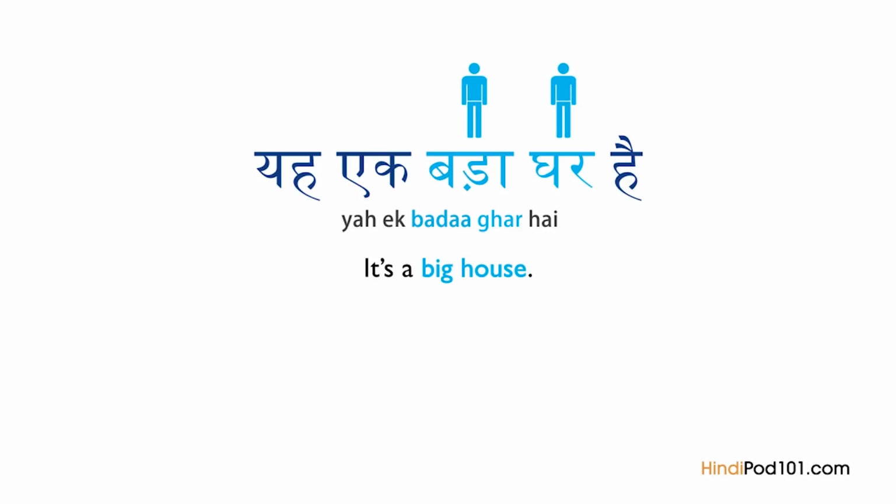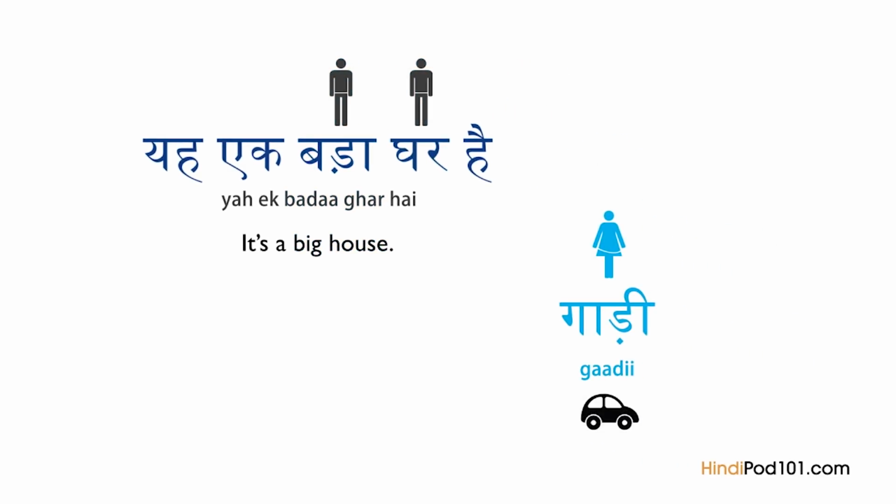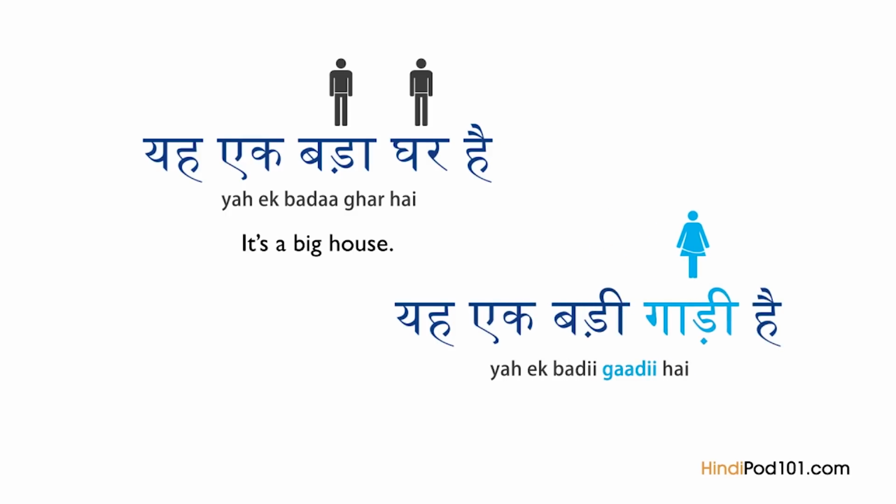Let's see the same sentence with a feminine word. We'll use gaadi or car. It becomes ये एक बड़ी गाड़ी है. It's a big car. Here, we have to change the ending of bada to an e sound to make it feminine.